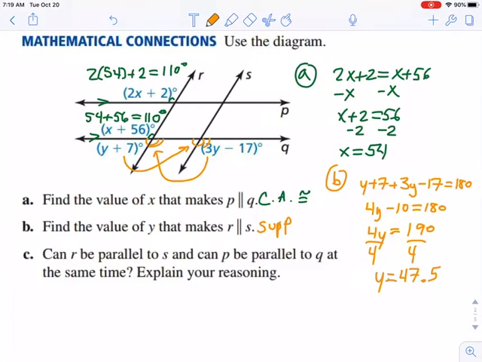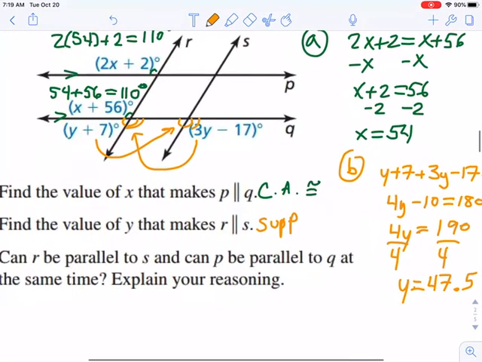Let's think about things from here. All right. So let's plug this back in. All right. So if I plug in 47.5 right here, that's going to be plus 7. All right. I'm going to get 54.5. And let's plug it in over here as well.